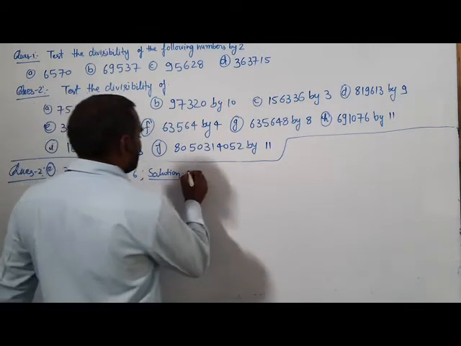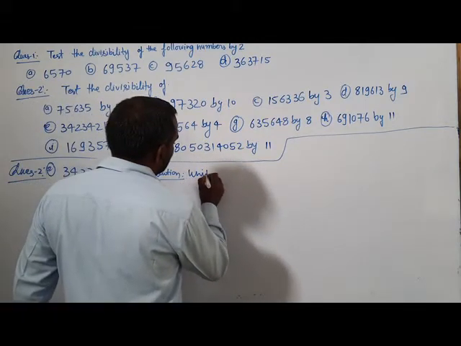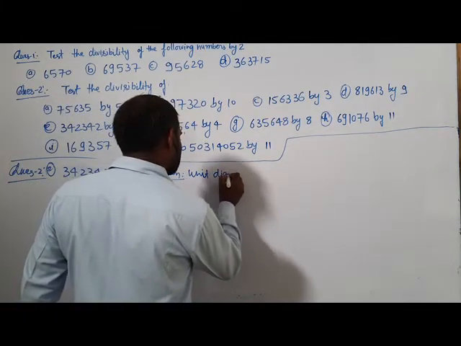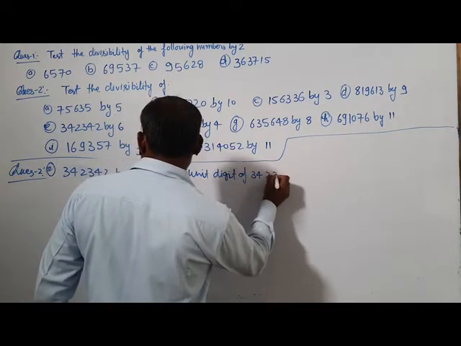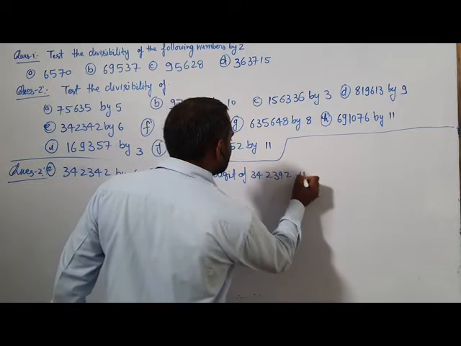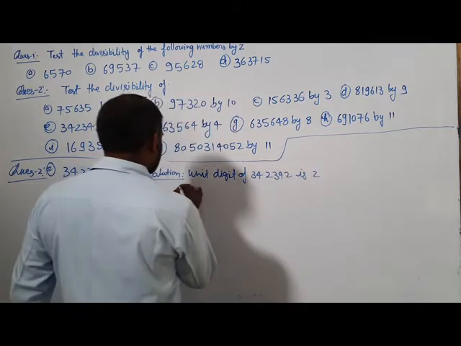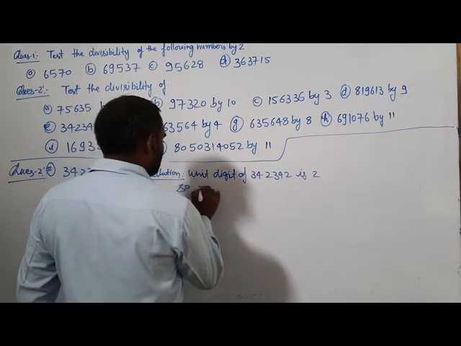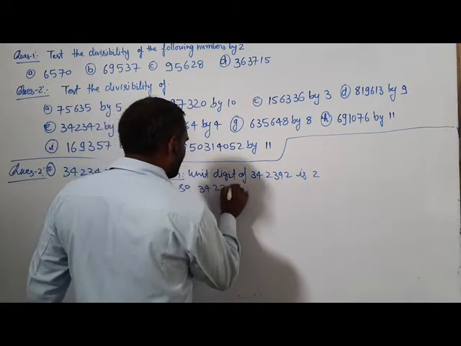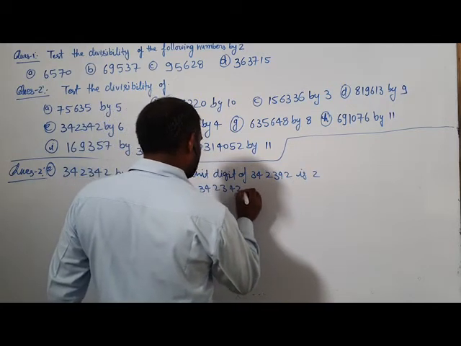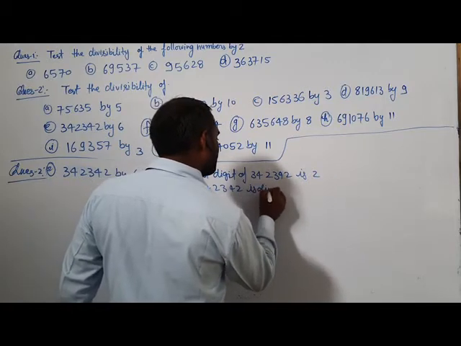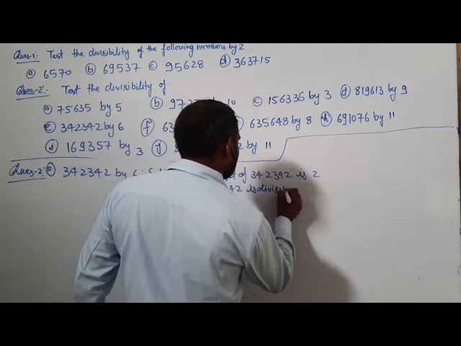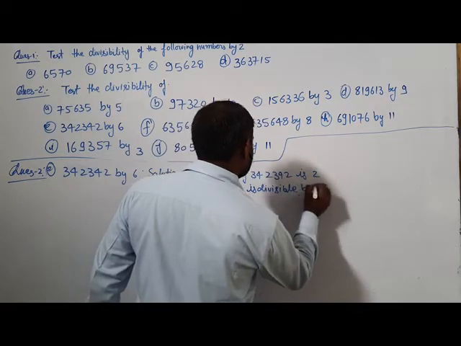The unit digit of 3,4,2,3,4,2 is 2, so 3,4,2,3,4,2 is divisible by 2.